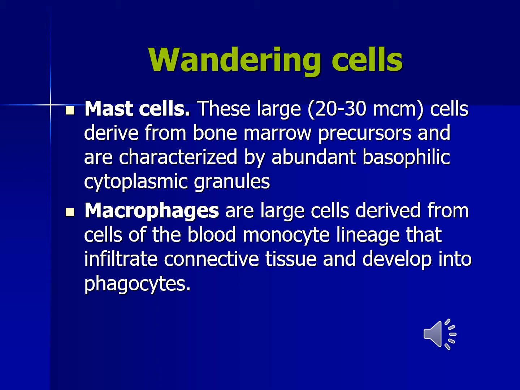Wandering cells include the next subgroups. Mast cells, or another name, basophilic mast cells. A very large cell, 20-30 micrometers in size, derived from stem cells of red bone marrow and characterized by basophilic cytoplasmic granules.